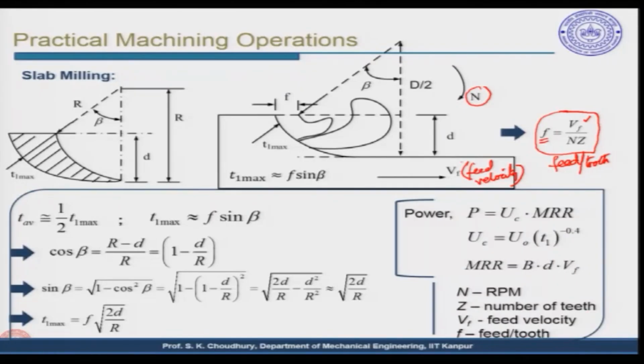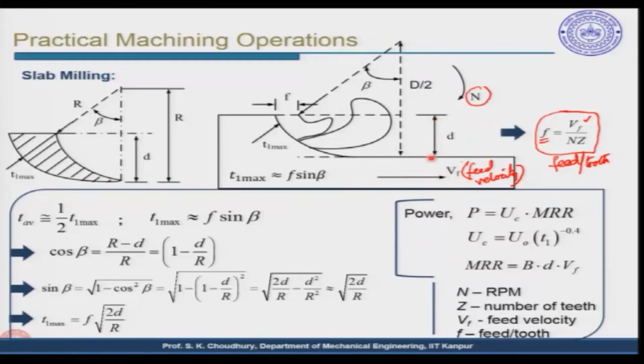Now, suppose you take this line, look at the line diagram, and this is one of the teeth of the milling cutter, all right. And in this case, this much is the chip which is removed by one tooth, when the milling cutter is rotating at an RPM of n and the feed velocity is given as Vf.